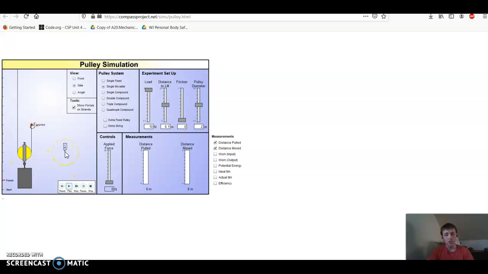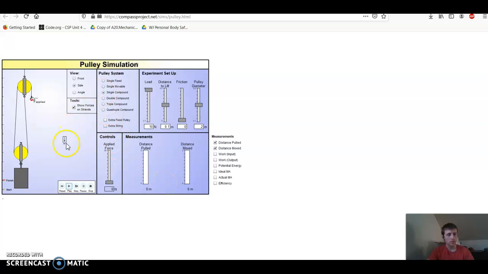So we're essentially cutting in half the amount of pressure we have to apply to lift this, but as a trade-off, we're unfortunately going to have to pull twice as far, as you see if we go ahead and try pulling it. For every distance we actually move, we have to pull twice as far. Well, there's nothing for free, right?